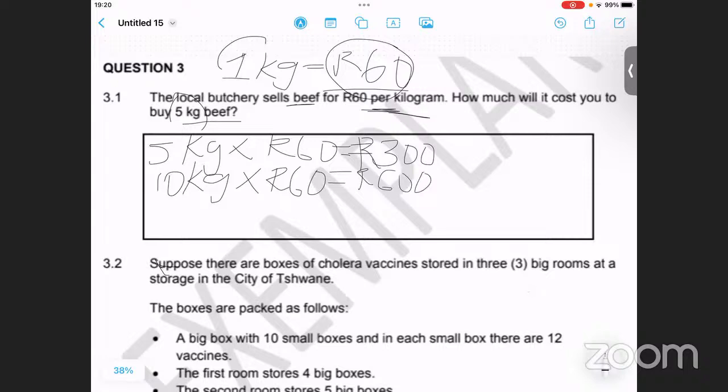Butlali, ne? We are moving to you. Let's say now, Butlali, we are replacing the 5 kg with 12 kg. How are we going to calculate for the cost? We're going to say 12 kg times 60 rand.